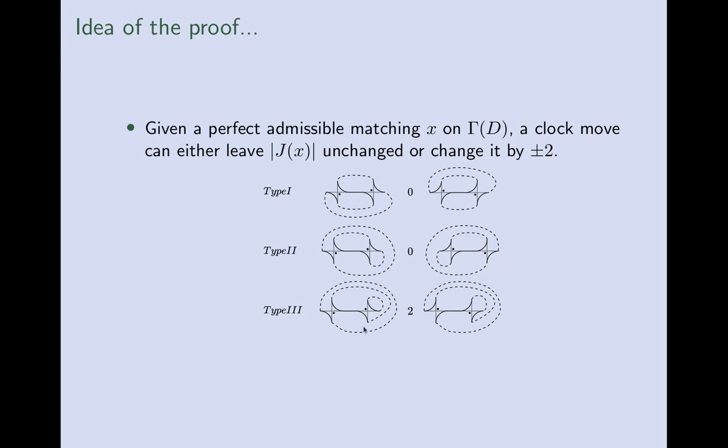Instead, the moves we are interested in are these type 3 clock moves, where performing the clock move, let's say from left to right, actually decreases by 2 the number of Jordan cycles.